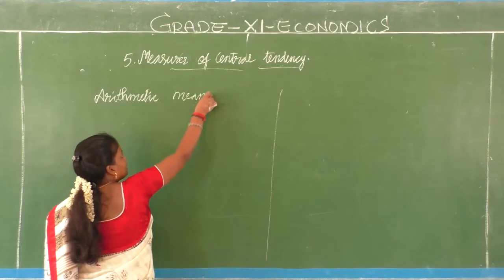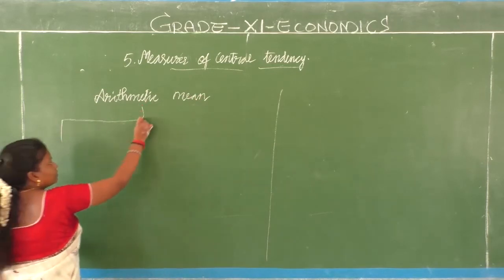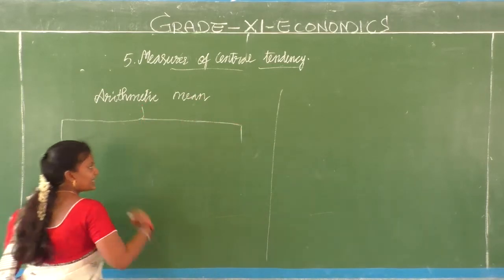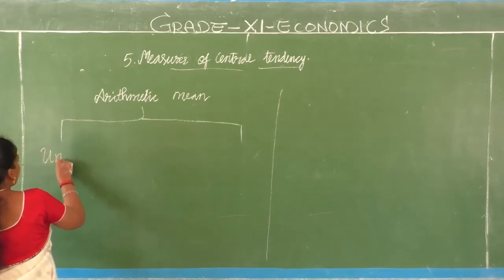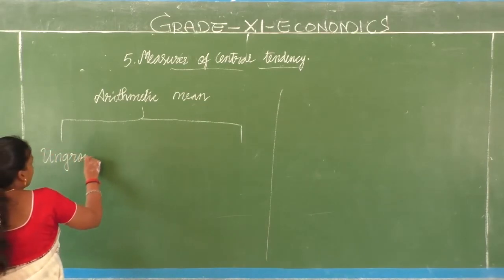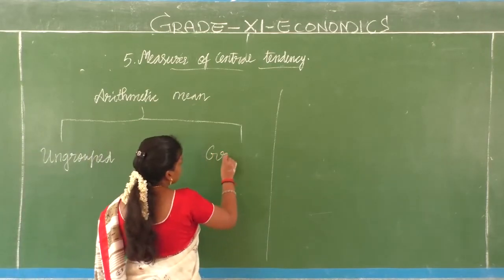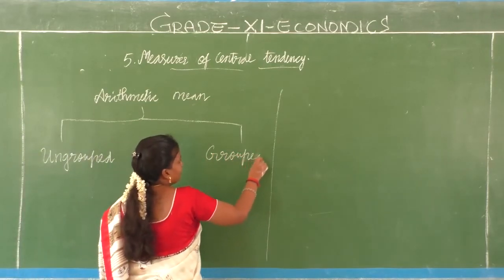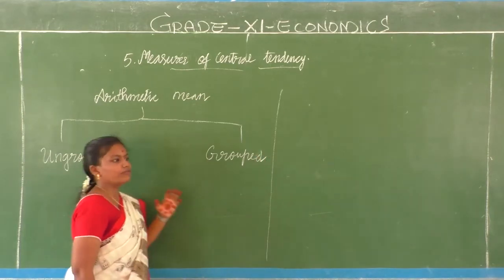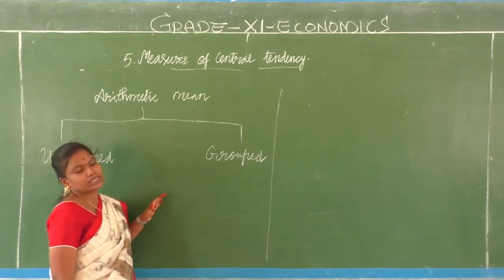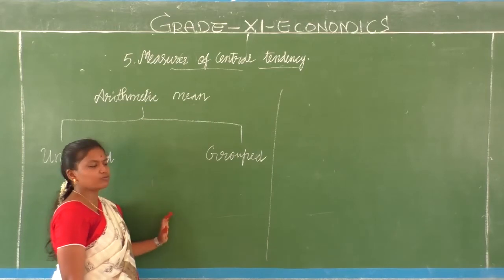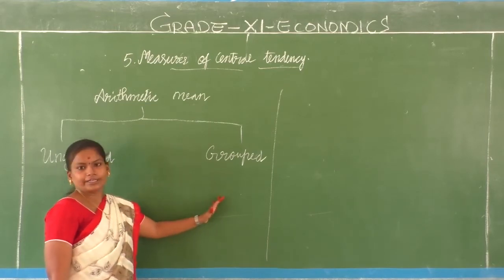That calculation is done in two different categories. One is for ungrouped data, another one is grouped data. What do we mean by grouped data, children? When we are talking about frequency, when we have the frequency distribution, we call it grouped data.